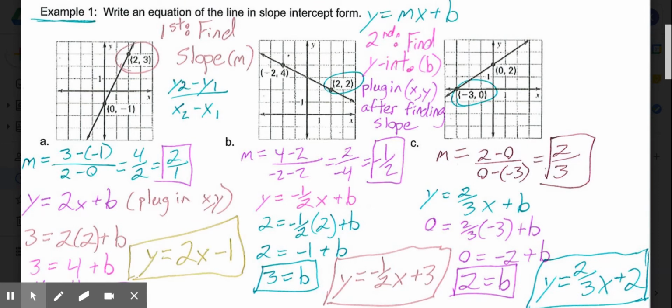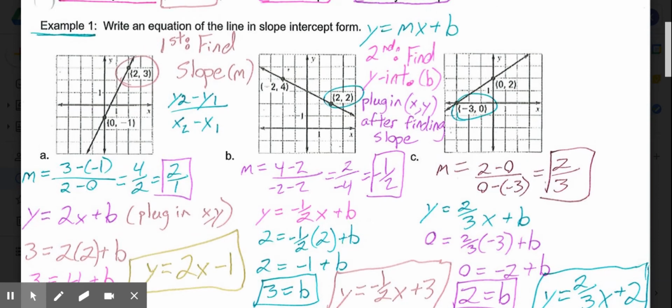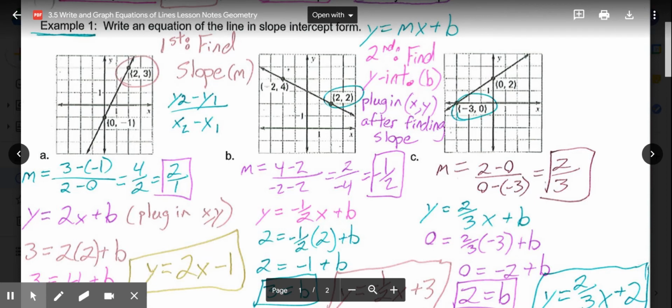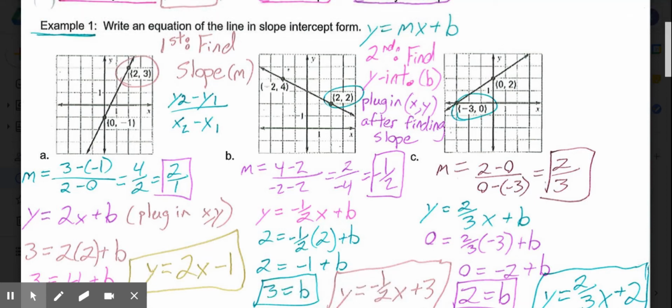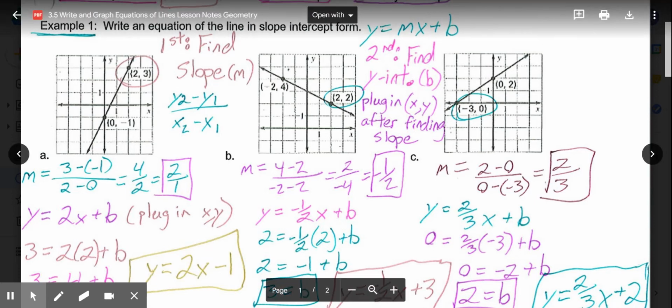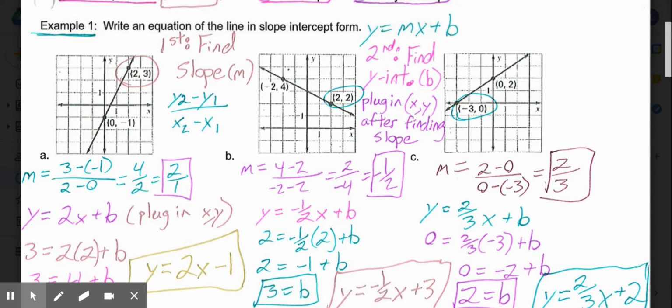And lastly, in part C, we have 2 points, negative 3, 0 and 0, 2. So start with finding the slope. 2 minus 0 over 0 minus negative 3 gives us a slope of 2/3. Set up our equation, y equals 2/3 x plus b. Select one of your two coordinates to plug in for x and y.